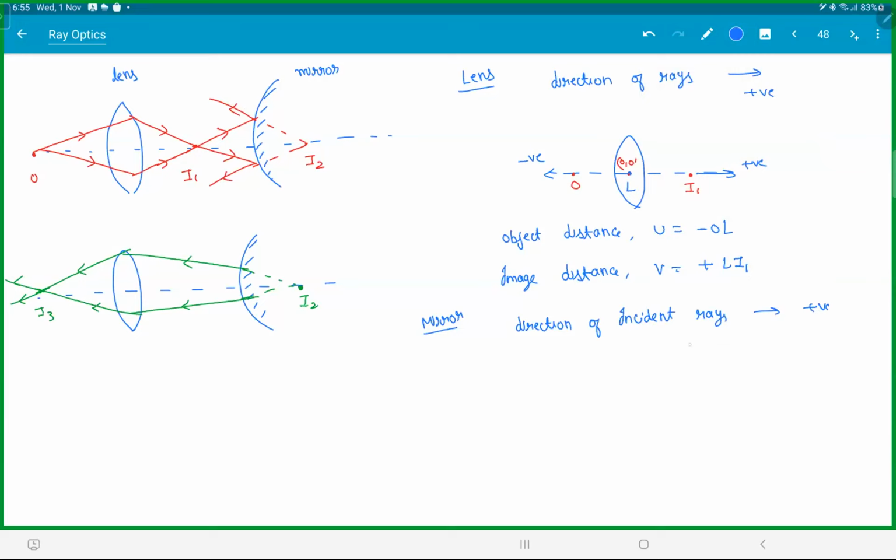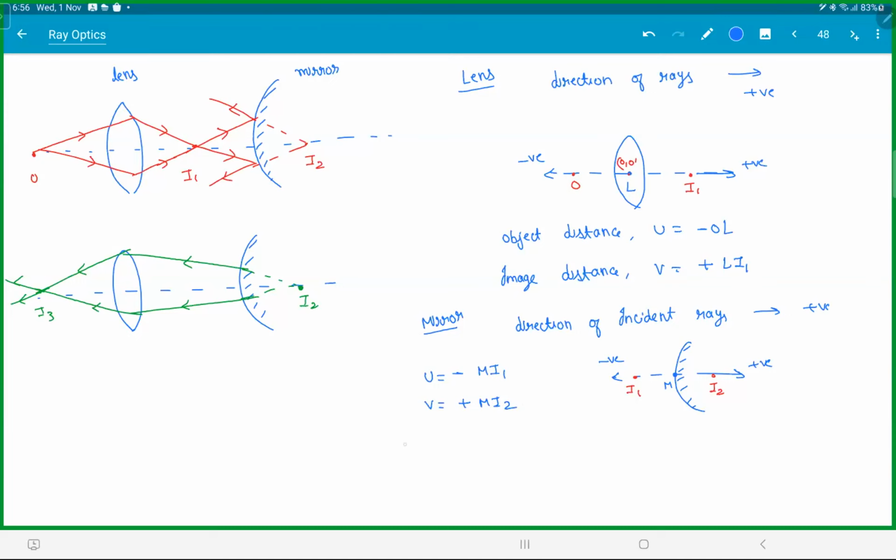That means this is the mirror, so this M is the new origin. This is positive, this is negative. We will not write like this later on, but for now, we'll do it. I1 is your object, I2 is your image. So U will be minus MI1, V will be plus MI2.